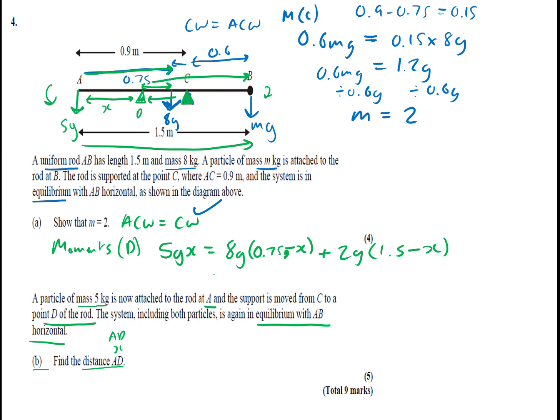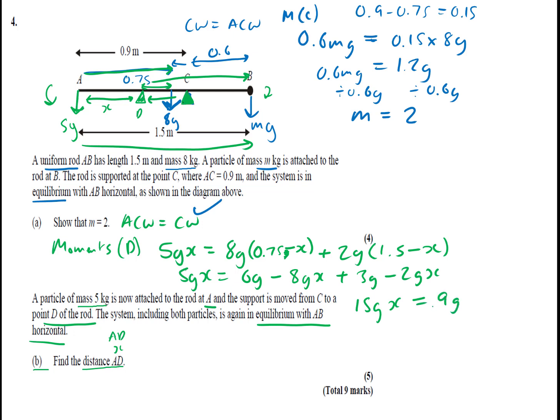Now expand and solve. So we're going to get 6g minus 8gx plus 3g minus 2gx equals 5gx. That's minus 10. So when we resolve that, we're going to get 15gx equals 9g.